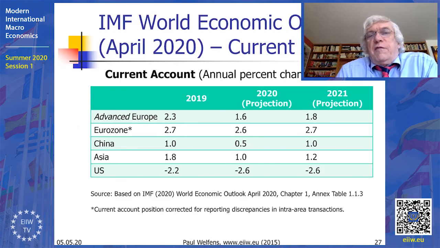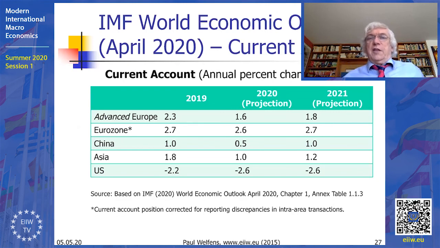And if the imports are falling, then of course this is bad news for major exporters, for instance, for Germany. And then the projections for 2021, that looks, let's say, back to normal. Only the US remains then at minus 2.6%, which I think is not so dramatic.